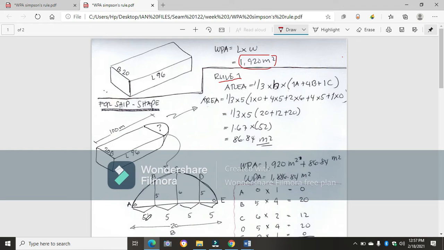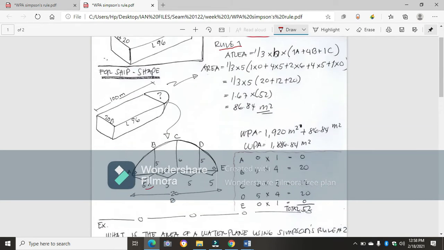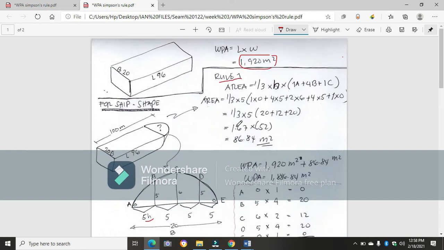It is the distance of each ordinate, 5, 5, 5, 5. We said that this is 20 meters in breadth, so we will divide this into 4. Therefore, each distance per ordinate is 5, 5, 5, 5. So this is h. The formula again: 1/3 times h times 1a plus 4b plus 1c, etc.